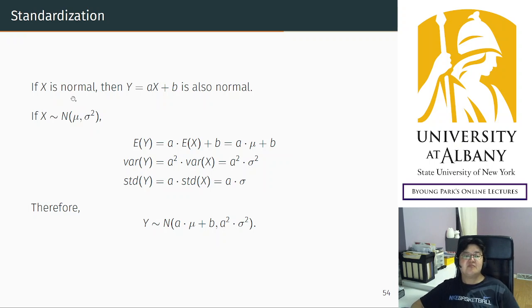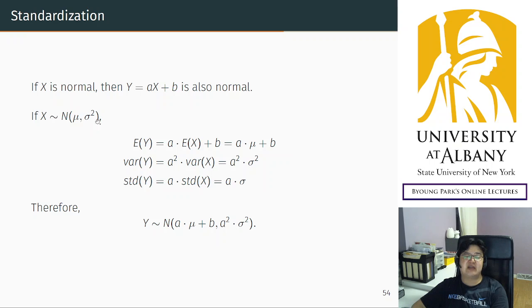Many distributions do not satisfy this kind of nice property. So it's another reason why we are using the normal distribution. And then think about this. We have a normal distribution, and X is non-standard for general mu and sigma squared.